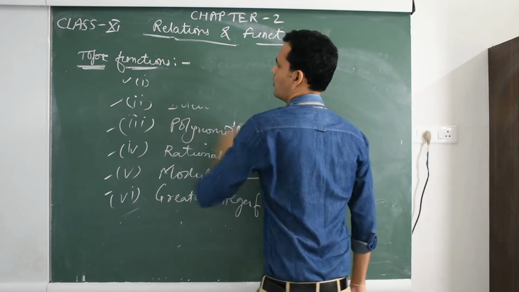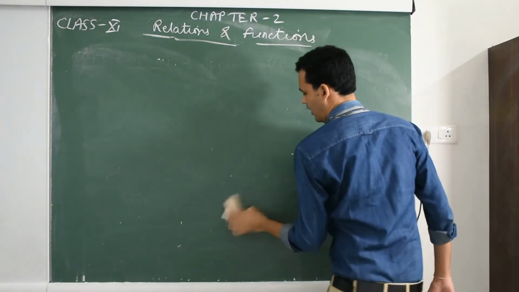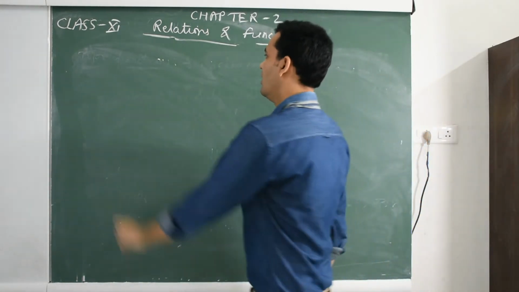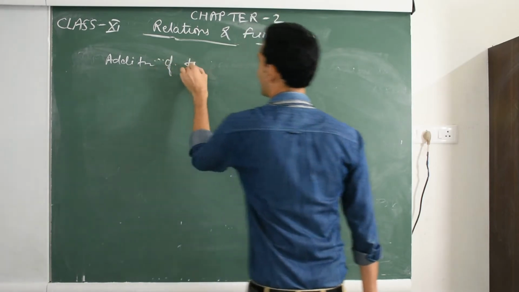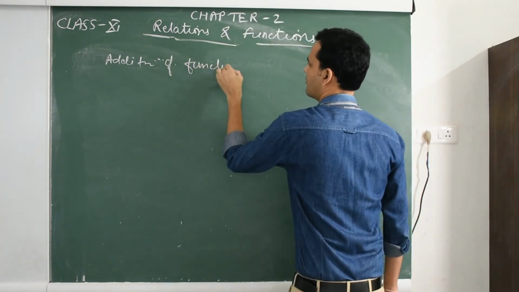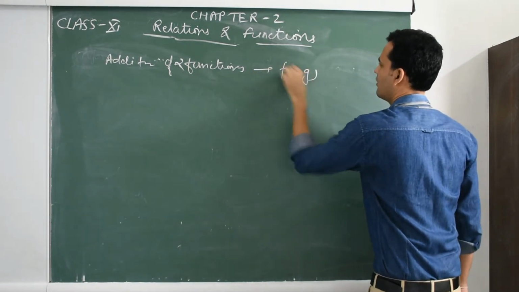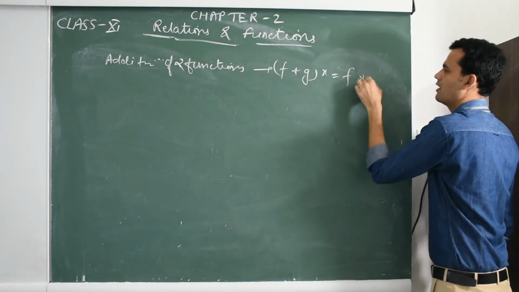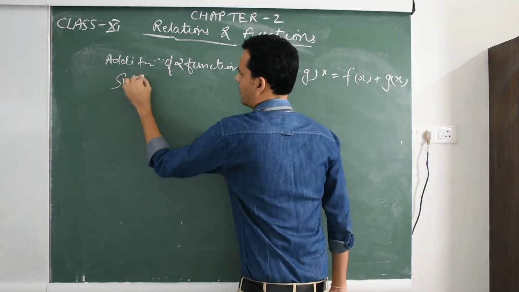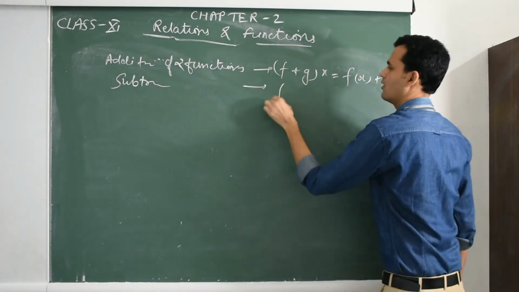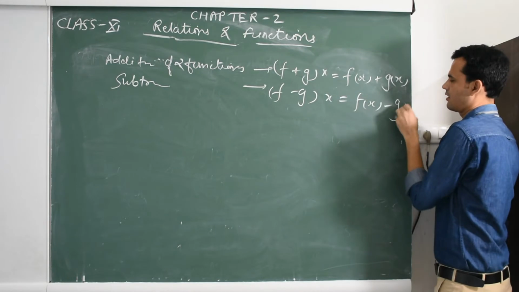So we move towards the next exercise, that is exercise 2.1. One more thing, addition of two functions. Addition of two functions means (f + g)(x) is written as f(x) + g(x). Subtraction is also the same, (f − g)(x) = f(x) − g(x).